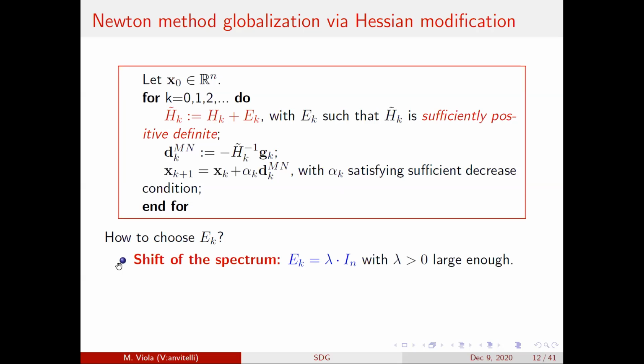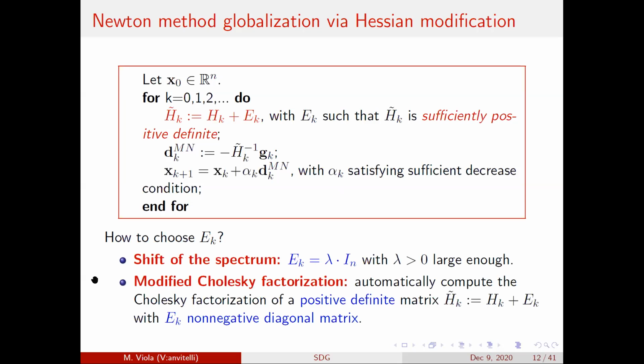Luckily enough, there is a smarter strategy to do this, and it's via modified Cholesky factorization. You start to compute the Cholesky factorization of the Hessian matrix H, and as soon as the Cholesky method discovers that there is a non-positive diagonal element, it will add some quantity to ensure that it becomes sufficiently positive.